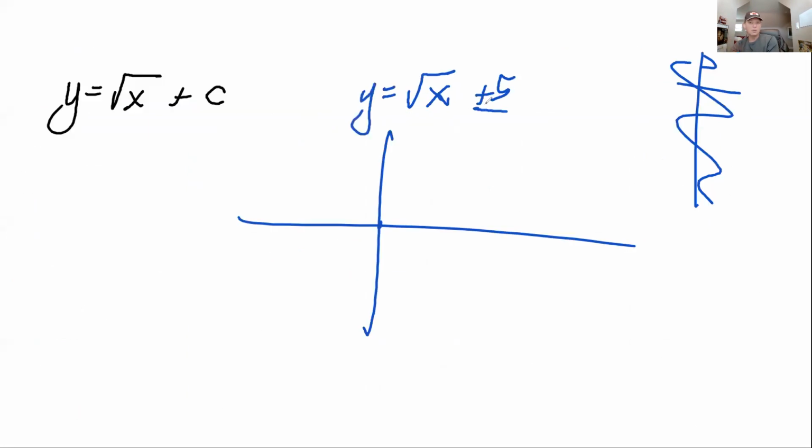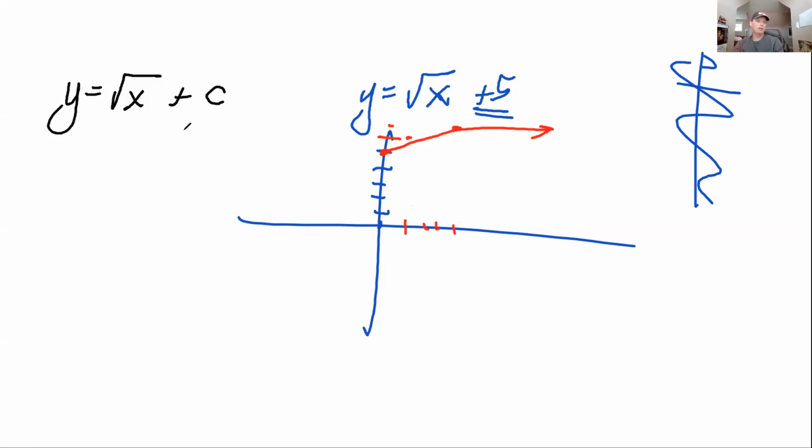Now that 0, 0 is going to shift it up 5 units. 1, 2, 3, 4, 5. So I'm going to put my first dot right there. And then from that point, that becomes my new origin. Then when I went to 1, I went up 1. I went to 4, I went up 2. The graph just gets shifted up 5 units.